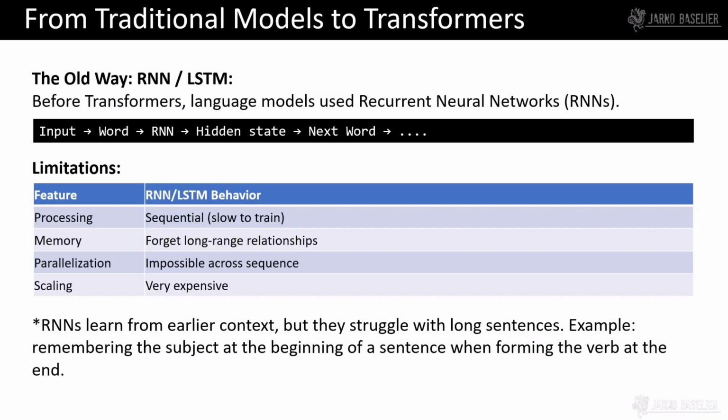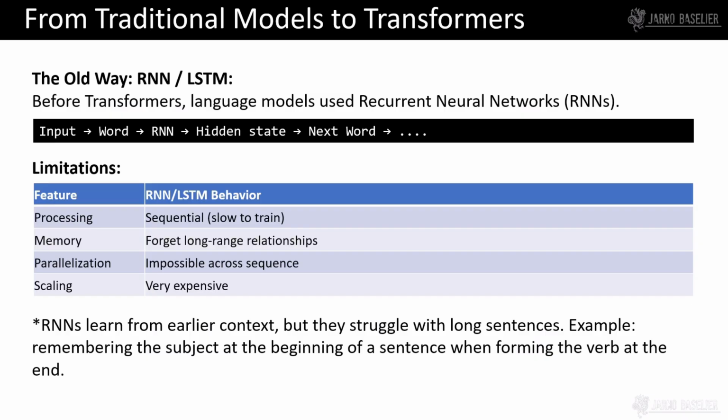For instance, processing is sequential, so it is pretty slow to train. The memory forgets long-range relationships, so it has just a short memory. Parallelization is impossible across sequences. Scaling is very expensive.